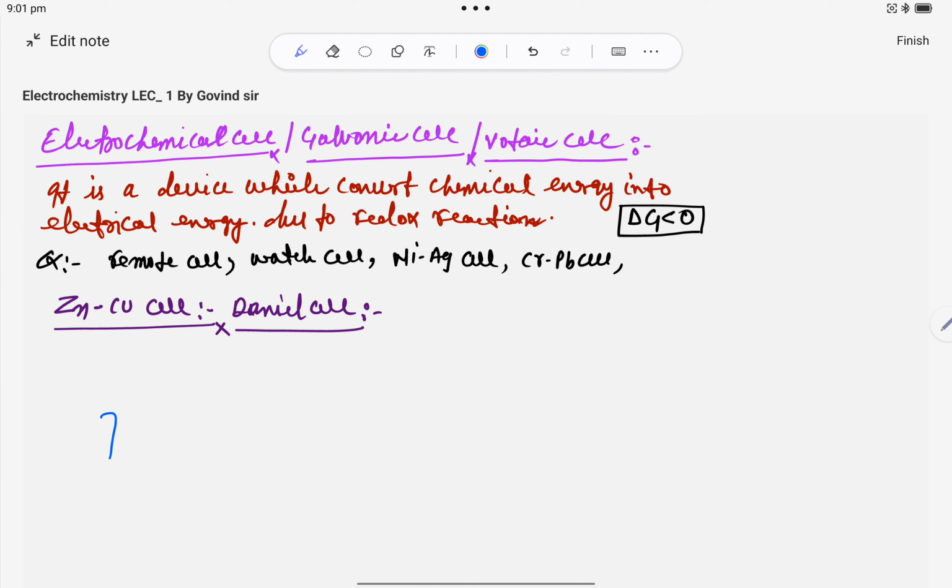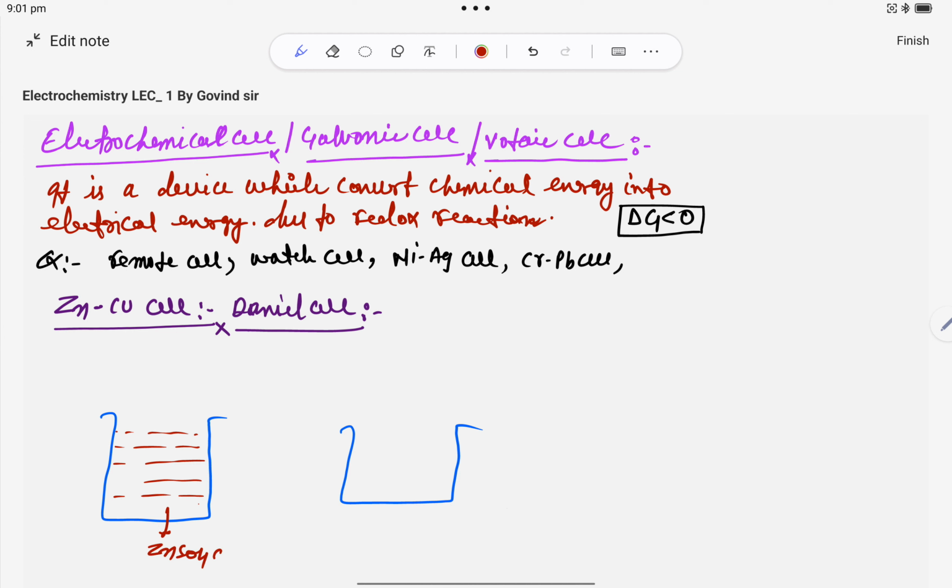Okay, so for this we have to take two containers. One container is filled with zinc sulfate, ZnSO4 aqueous solution. In the second container, CuSO4 aqueous solution.